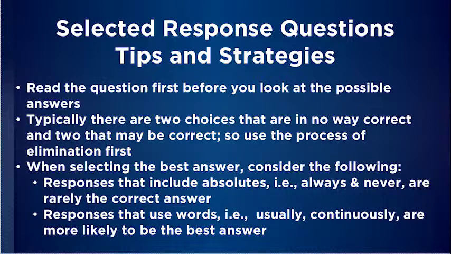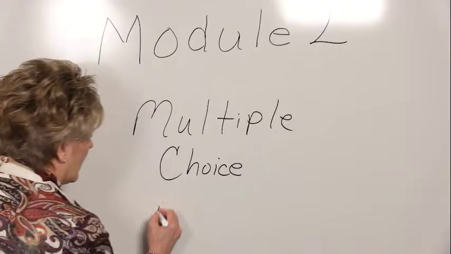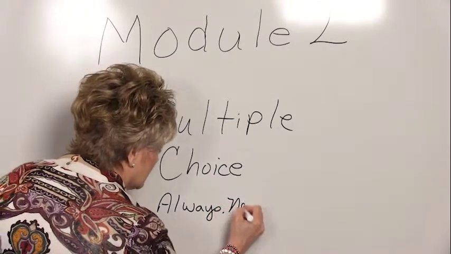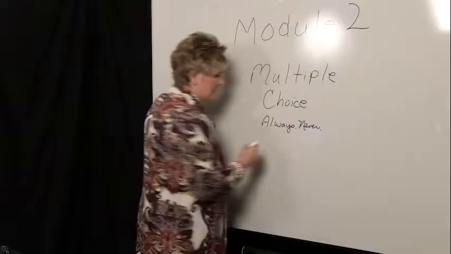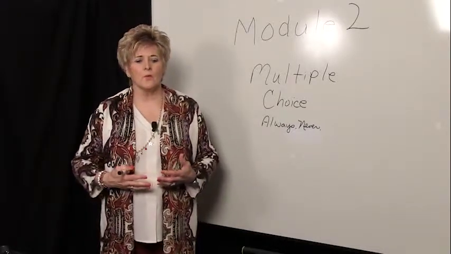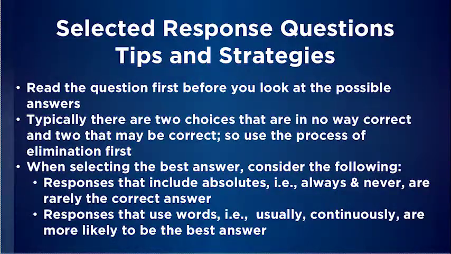When selecting the best answer, consider the following things. Responses that include absolutes, and absolutes are like always, never. Look for words that say continuously or often or probable.